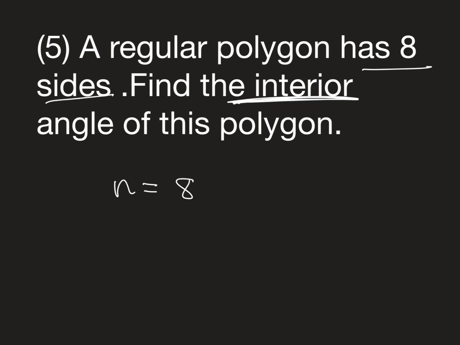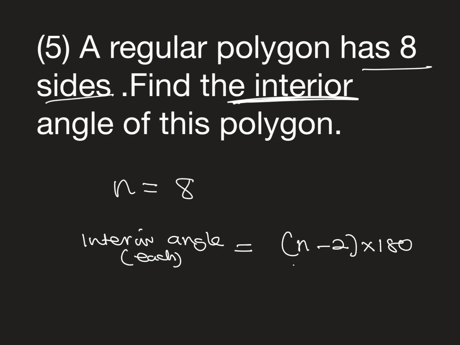We know that each interior angle, whatever they say, is (n minus 2) multiplied by 180 divided by n. So always make sure you understand what the question is asking you. Whether they mention each interior angle or simply interior angle, this is the formula.